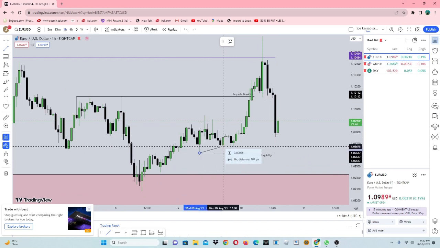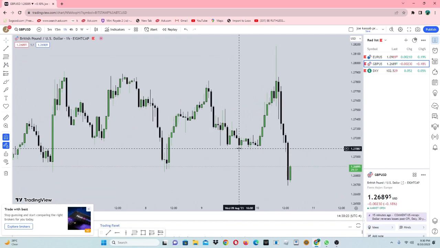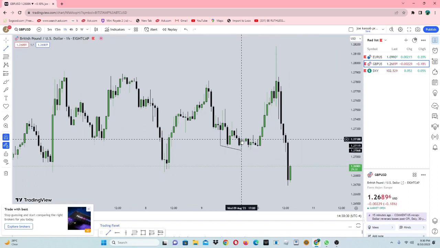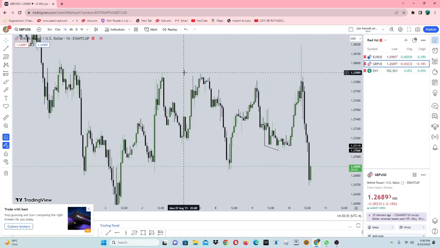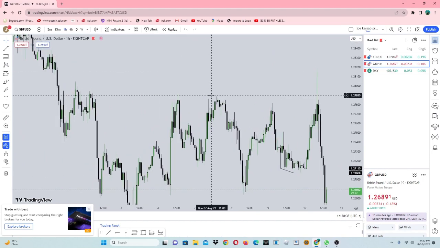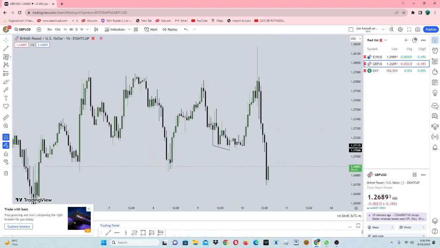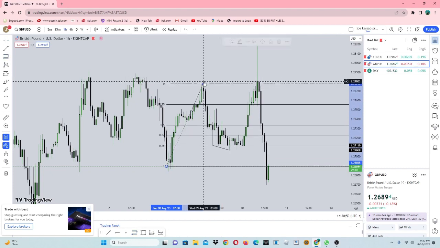So as you can see, price did not sweep liquidity, but going into GBP USD, you can clearly see that price swept liquidity. So this is the low, it swept liquidity and then consolidated to go up into these equal highs and into the daily fair value gap right here. And this liquidity sweep was in a 50% retracement area.